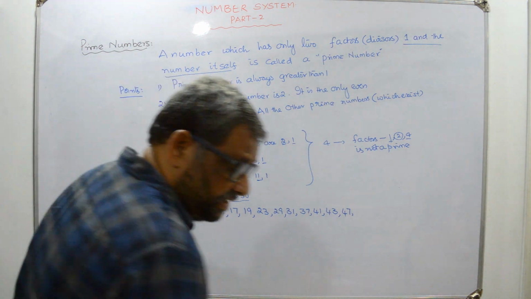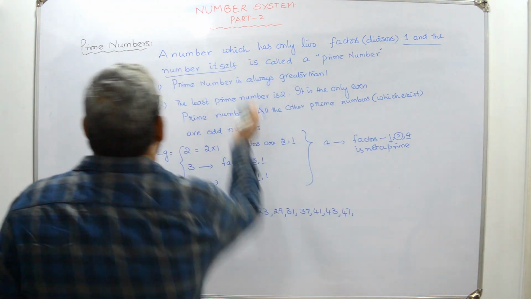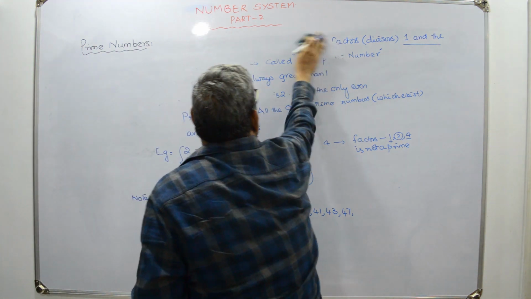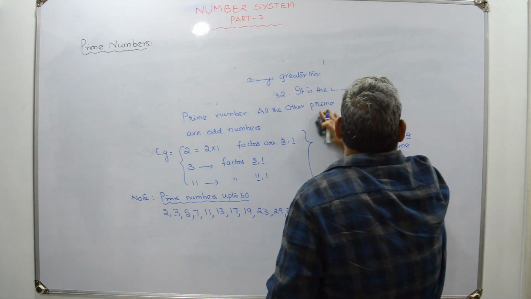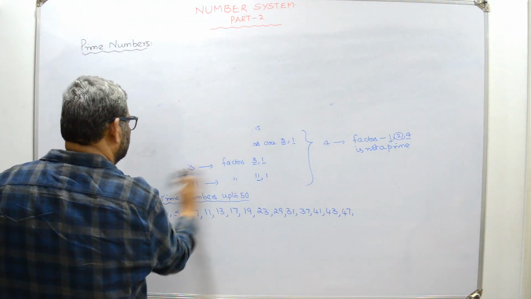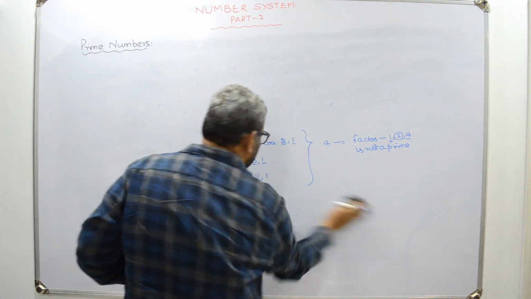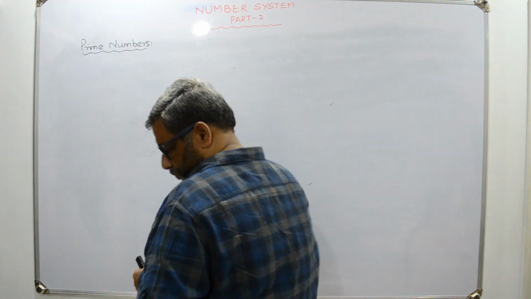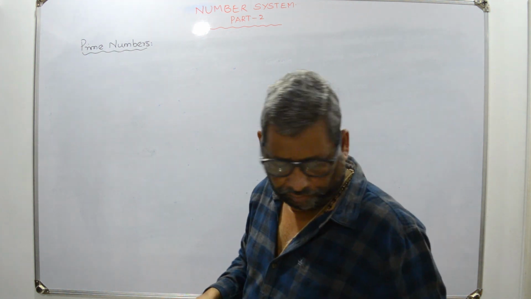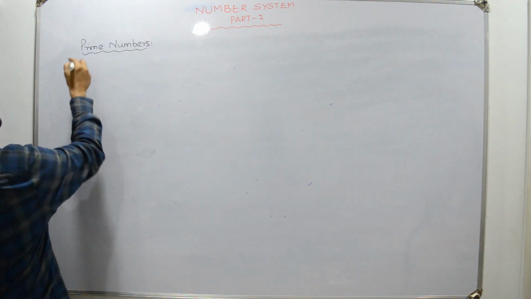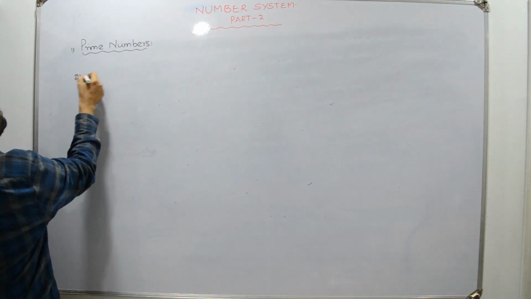Now next, my second definition: composite numbers.